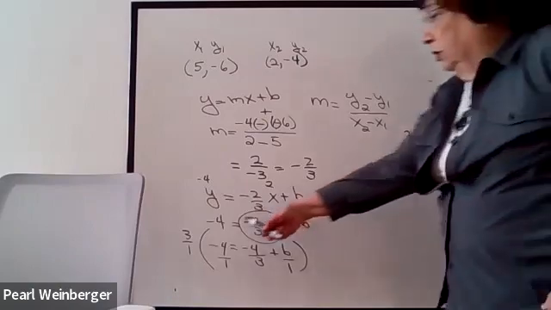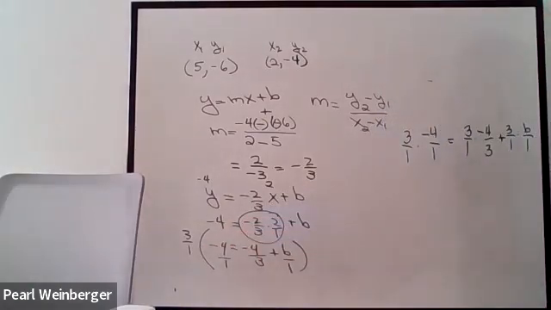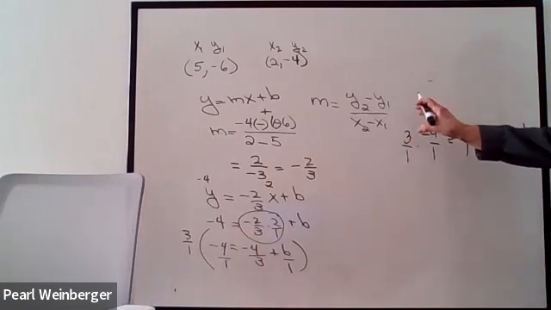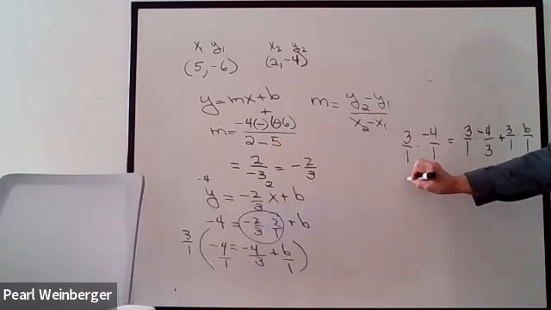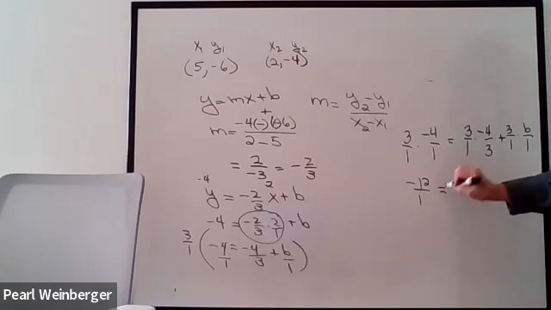All I did was put this 3 over 1 next to each term so that I could multiply with it. Okay. Remember, if we can, we try to cross cancel, but here both my denominators are 1. So I just get 3 times 4, which is negative 12, over 1 times 1, which is 1.